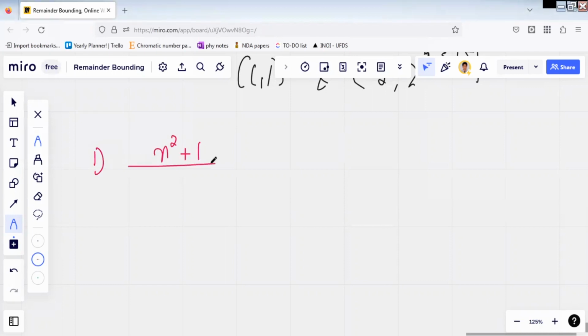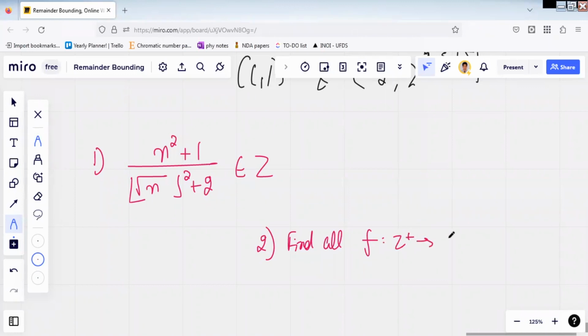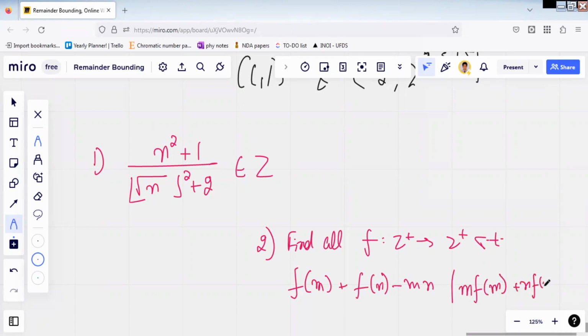One is n square plus 1 divided by something; find all n such that this is an integer. This is the APMO problem. And the next is: find all functions f from positive integers to positive integers such that f(m) plus f(n) minus mn divides m f(m) plus n f(n).